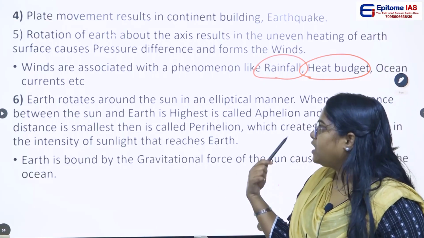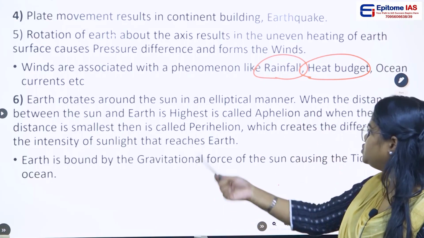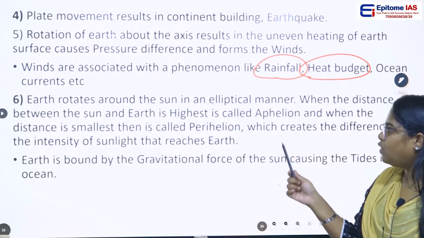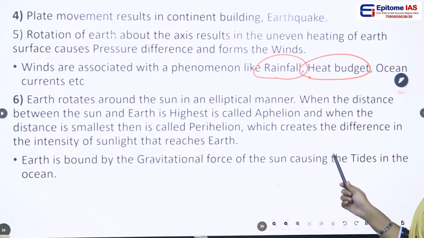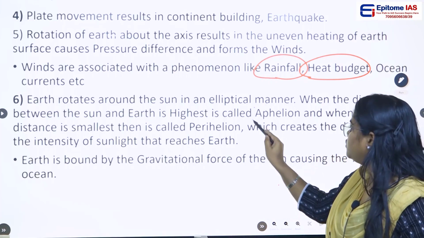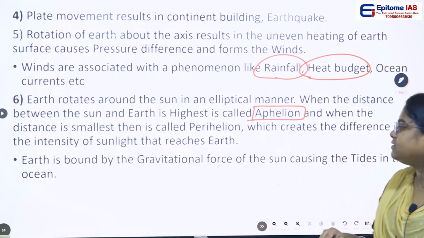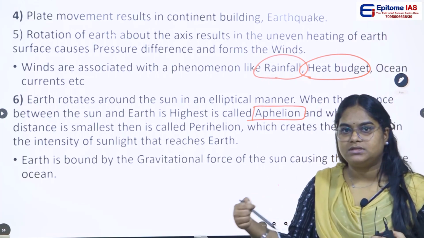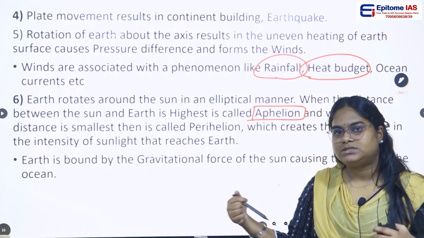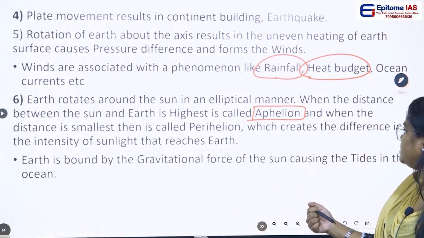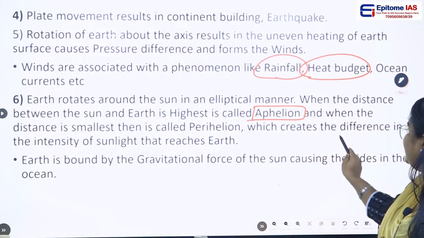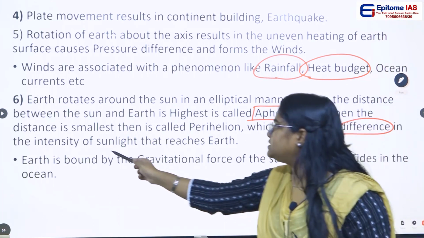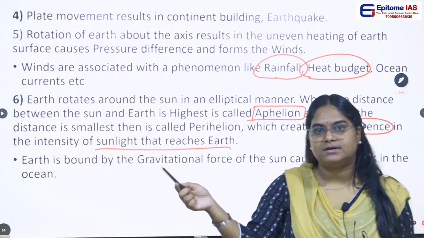And apart from the rotation, the revolution of the Earth will also cause differences, as we already read about the aphelion and the perihelion, that is the shortest distance between the Earth and the Sun and the longest distance between the Earth and the Sun. These also change the intensity of the sunlight which reaches Earth.